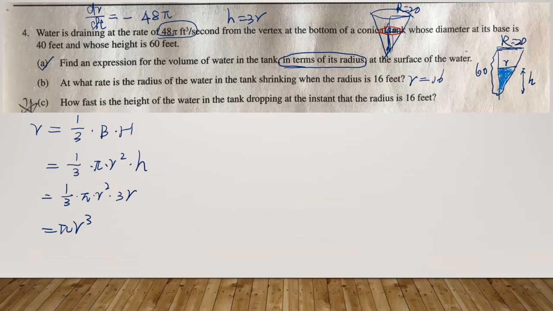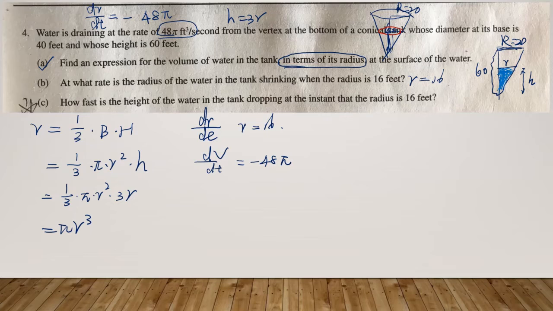The key point of related rates problems is always the relationship between different variables. They require us to evaluate dr over dt when r equals 16. But what we only know is dV over dt is negative 48 pi.